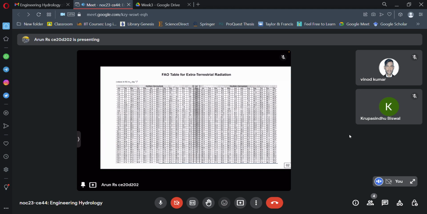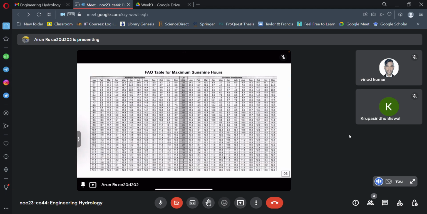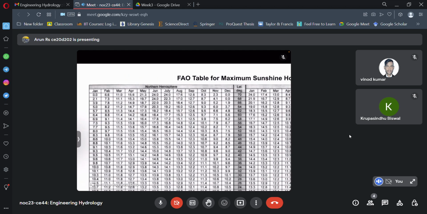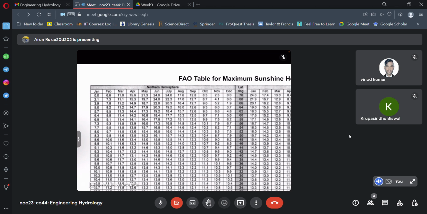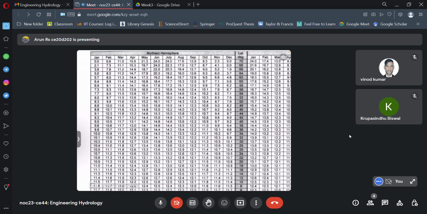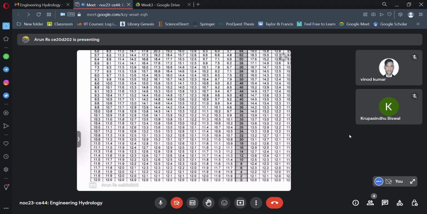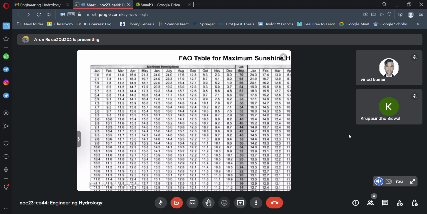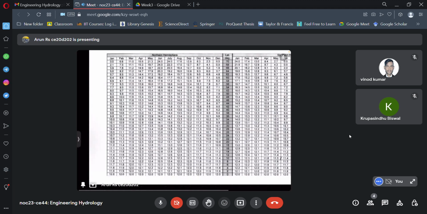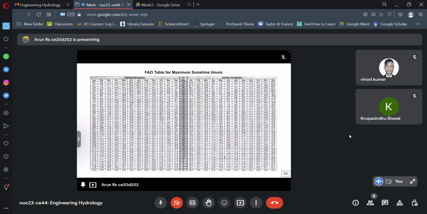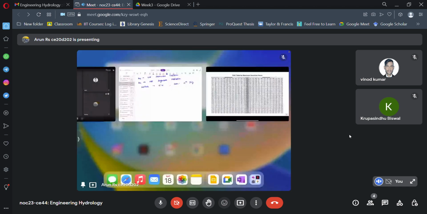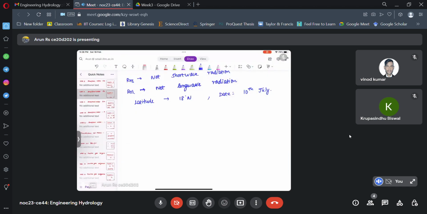The next table is the table for maximum sunshine hours. Here also we have the latitude, and for each month how much is the maximum possible sunlight. For 18 degree north and the month of July, you will have a value of 13 hours. So these two pieces of information we get from these two tables and will use in our calculation. So we saw the net radiation.